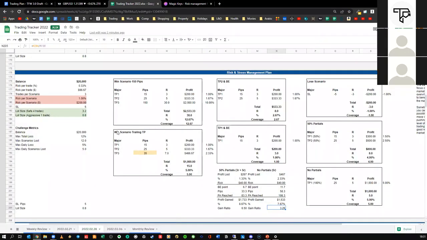Looking at the scenarios, I've not just made the profit that I would have made for 50% partials, but also if I'd cashed out at 5R, I've made more than that, because I've got, what was it? Let's just say 65. So I've already made, oh, it's not worked. It's because it's driven by that, isn't it? So what's that?